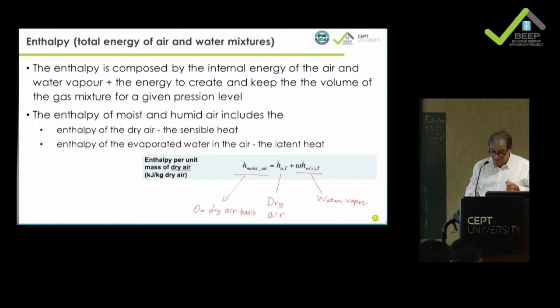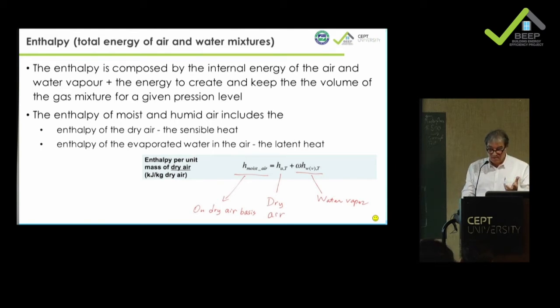So now, if you look at what is the enthalpy, what does it contain? One is the sensible heat of the dry air. We will come to that later in a little more detail. And then you have the vapor, which comes when you evaporate water in the air, which also has a content which has latent heat.